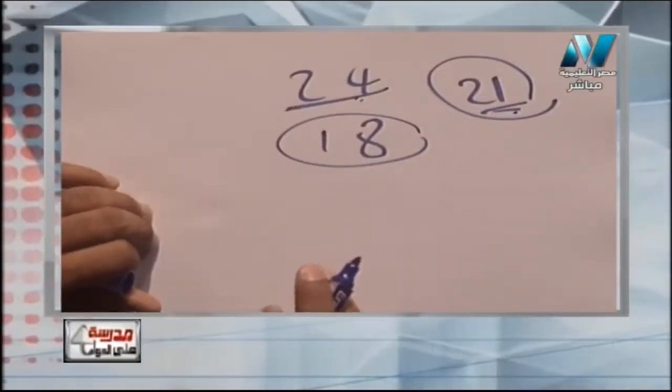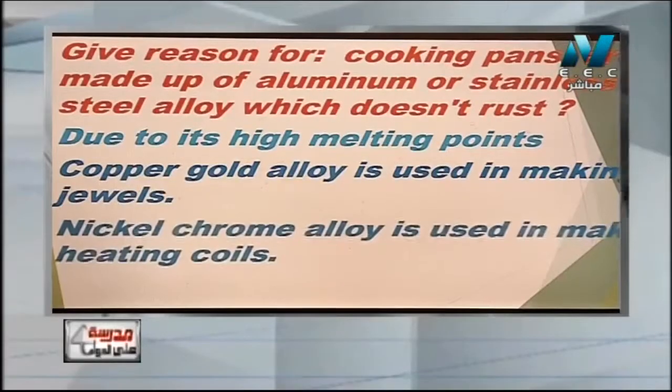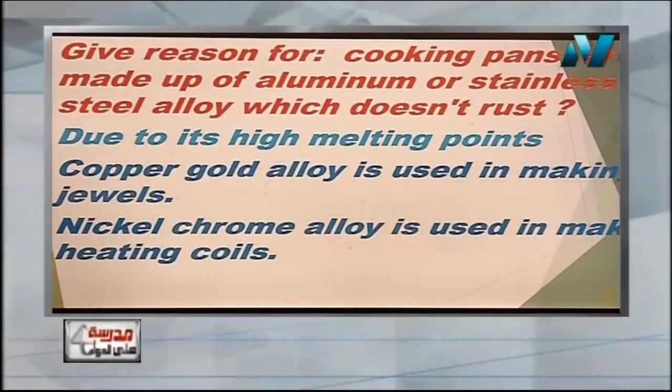So the golden ring that you see with your father, with your mother, is not pure gold, but it is made of 2 molten metals together, which are gold and copper. So copper gold alloy is used in making jewels. Okay.